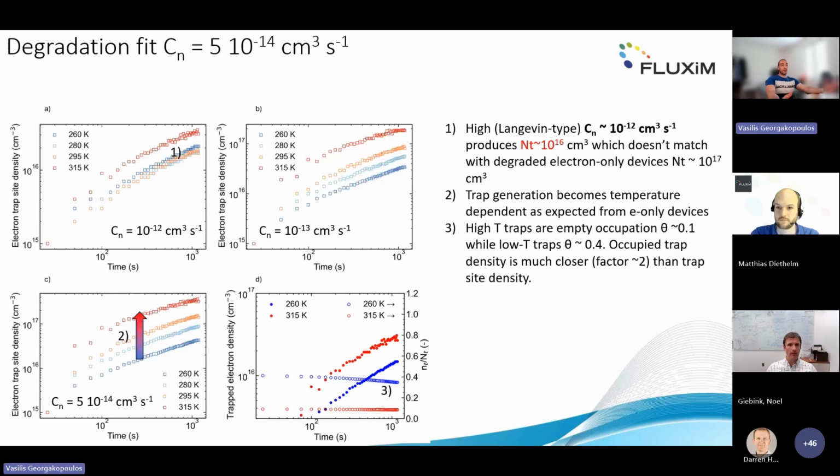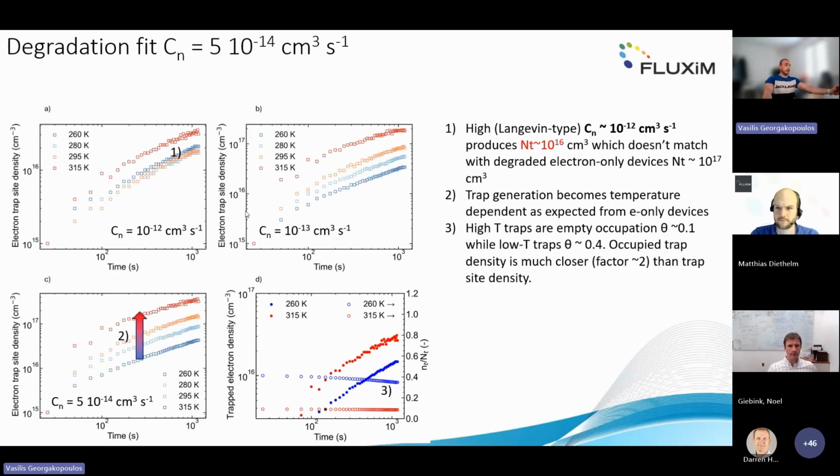So the electron capture coefficient is a very important parameter if you want to report the trap density as a final result and be able to compare across different studies. When we included a very large capture coefficient for the electrons, we got a really low trap site density and kind of temperature-independent results, as you can see in the figure.